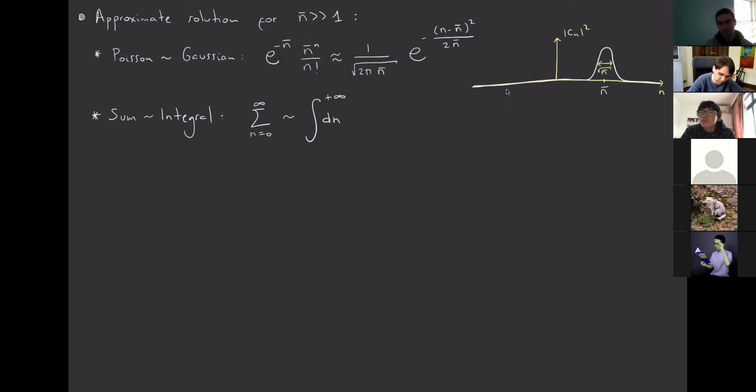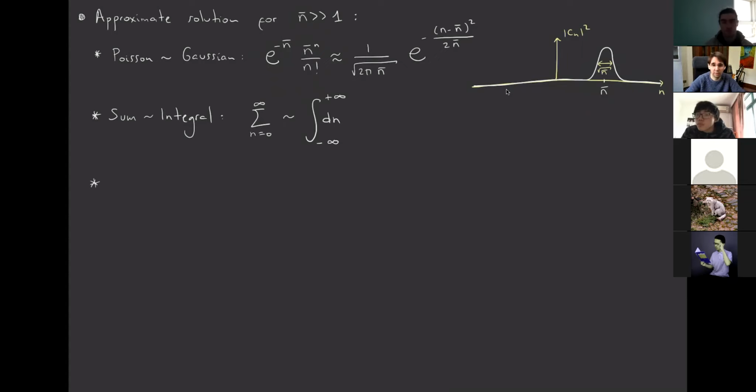So this integral is the same if we make it from 0 to infinity or from minus infinity to infinity, at least approximately, because the distribution is already 0 here. So the negative values do not contribute to the integral. But we know that if we are doing Gaussian integrals, it's easier to do integrals from minus infinity to plus infinity. And then this is very useful.